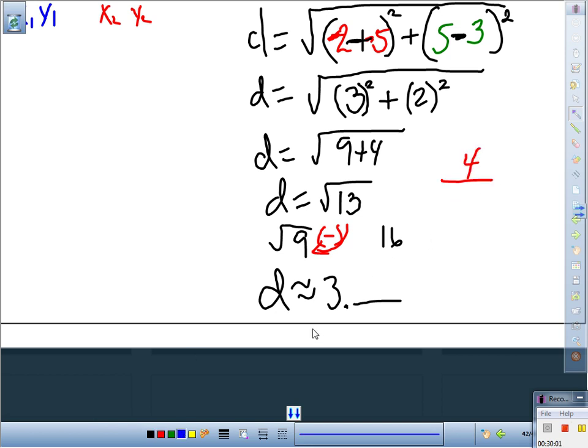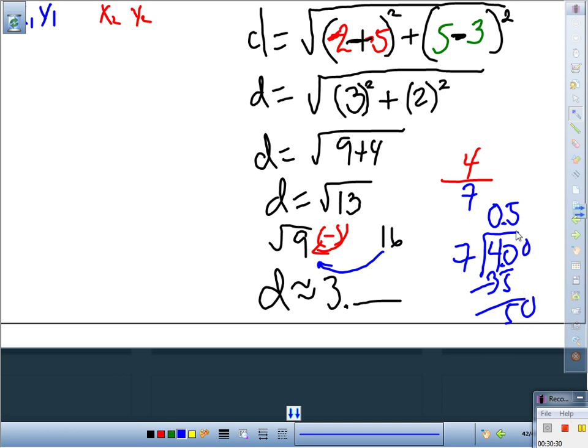And what is 16 minus 9? 7. 4 divided by 7. Okay, I'll wait so I can finish. Zero. It's in there 5 times. That's 35. 5. It's in there 7. So that means this goes up to what? 3.6 units.